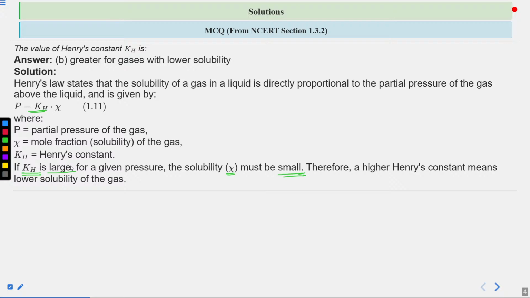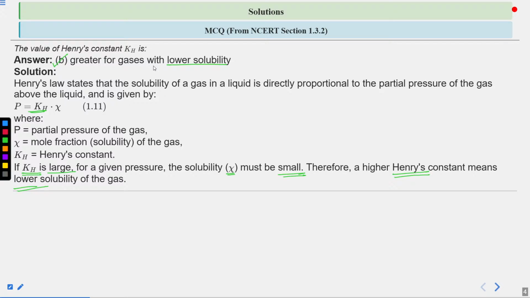So if the KH value is larger at the given pressure, the solubility must be small, and therefore a higher Henry's constant means lower solubility of the gas. So the correct relation is option B: if Henry's constant is greater for a gas, it will have lower solubility. Hence, the correct answer is option B.